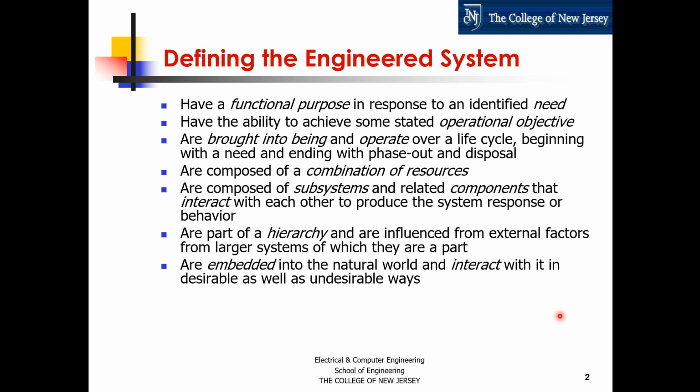And then the last one talks about that these systems are embedded. They live and operate in the natural world, because at the end of the day, we are in a natural world. So everything that exists in this natural world is interacting with it to some extent. And we have to be mindful that those interactions can be undesirable as well as desirable. You have to think about that.